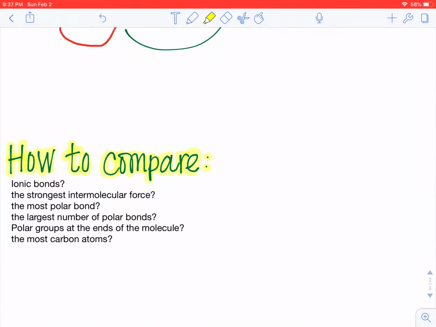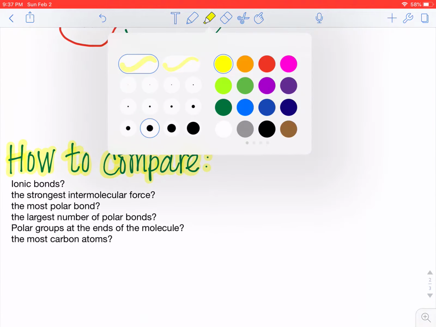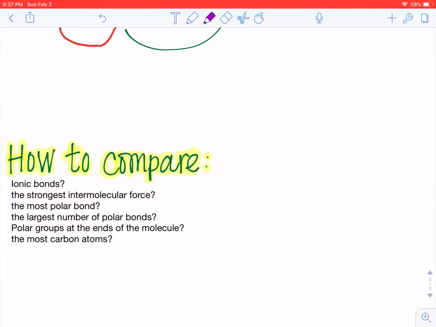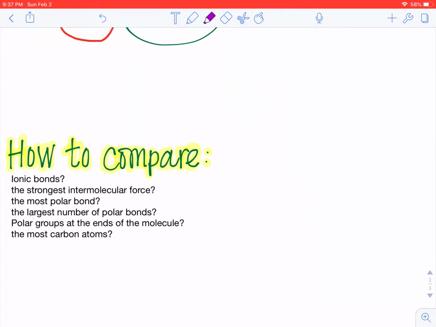Anytime we have any kind of bonds, we always want to take a look at ionic bonds first. So we can just cross that one off. We can skip it. We have no ionic bonds. The next is the molecule with the strongest intermolecular force.